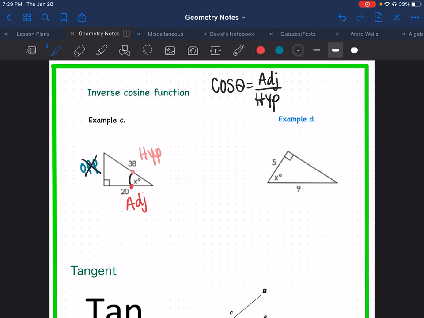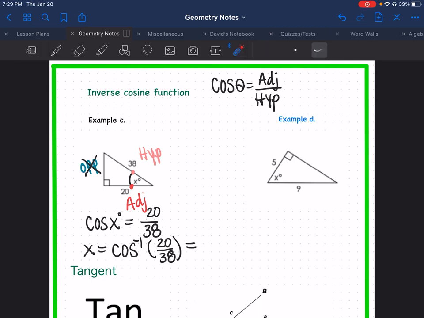All right, I'm going to plug them into the formula. So when I plug them in, I see cosine of x degrees equals adjacent 20 divided by hypotenuse 38. When I see that x is next to the trig function, this is where I use my inverse trig function, and my fraction is the adjacent over the hypotenuse.